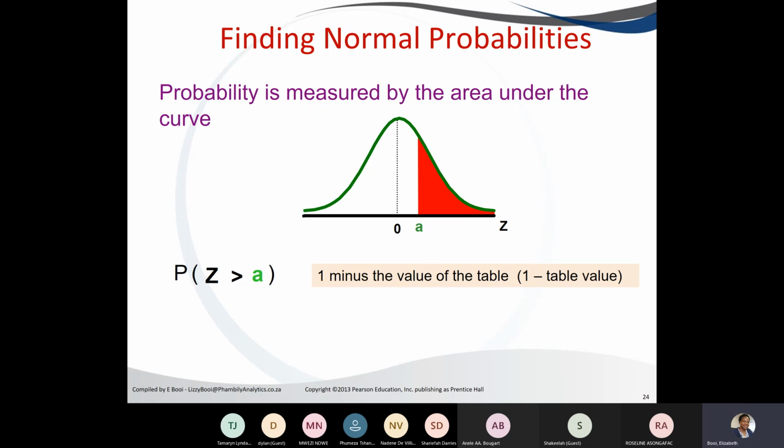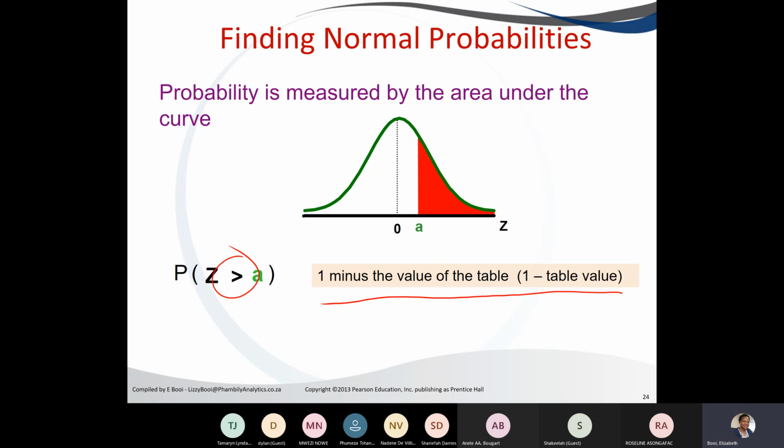And we know the sum of all probabilities should be equal to 1. So the table contains the complement of a greater than, which means if we need to find the probability of a greater than, we have to subtract the value we find on the table from 1. And that's what we are going to be doing.